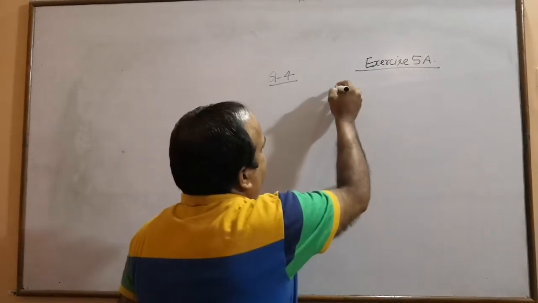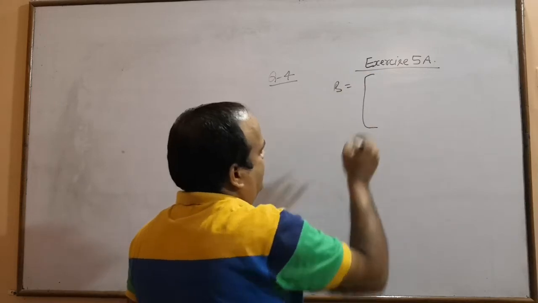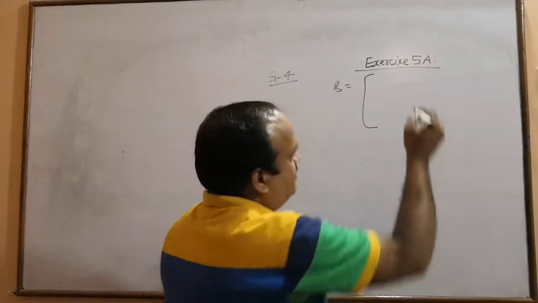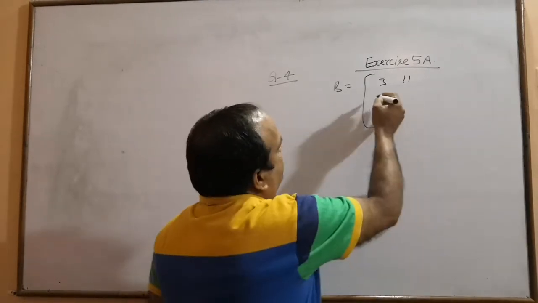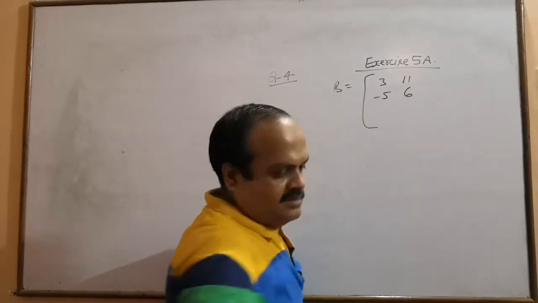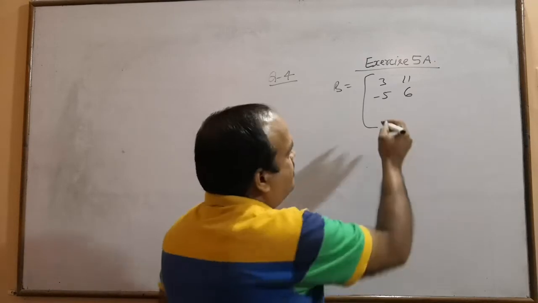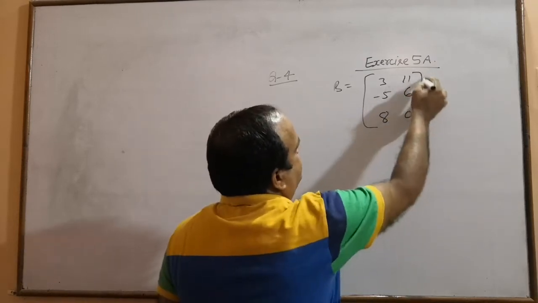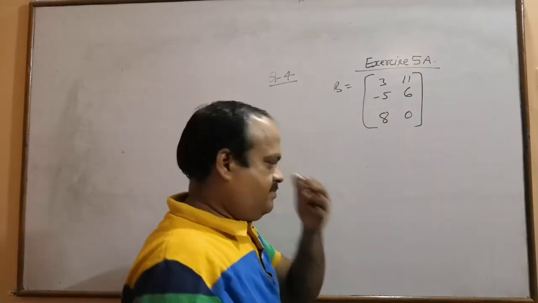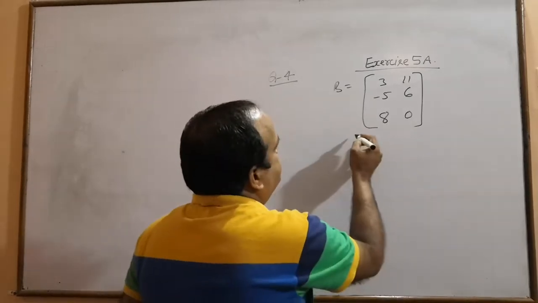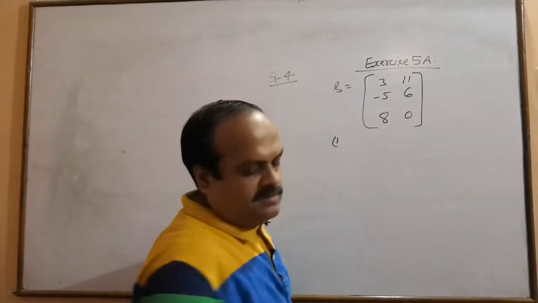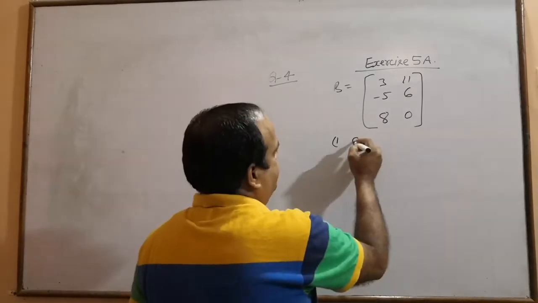So we have a matrix B, elements 3 11, minus 5 6, 8 0. First part, order.